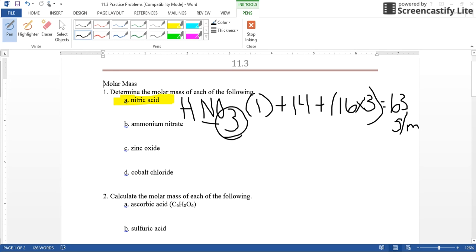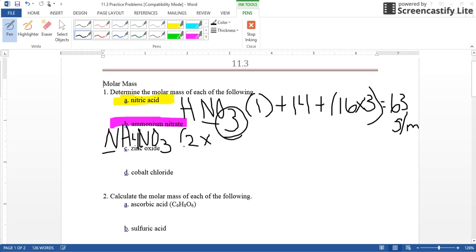All right, so let's do ammonium nitrate. Ammonium nitrate's chemical formula is NH4NO3. In this case, we're going to look at the nitrogen. We have 2.